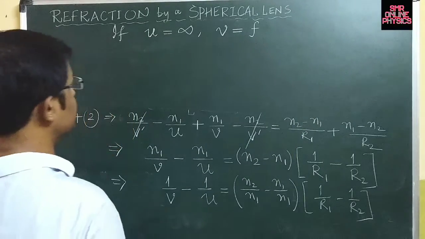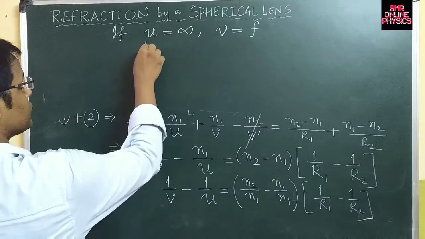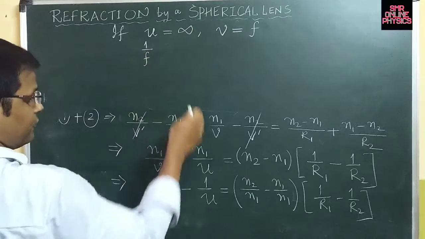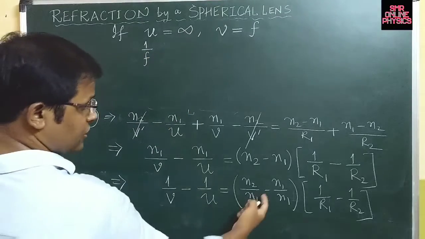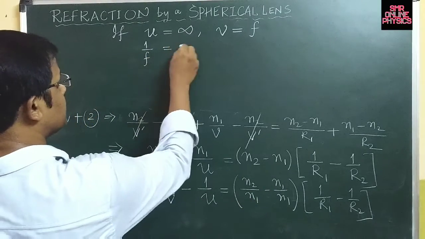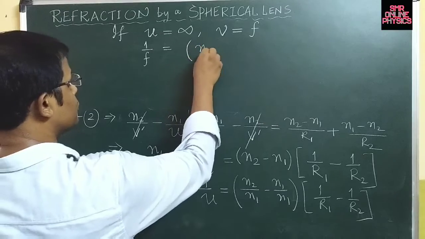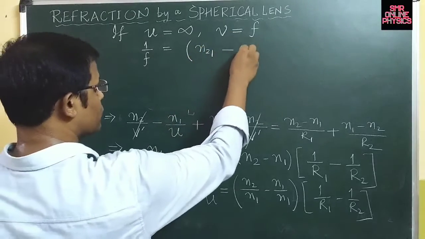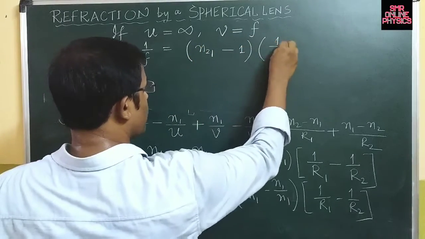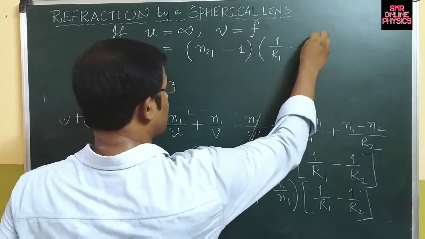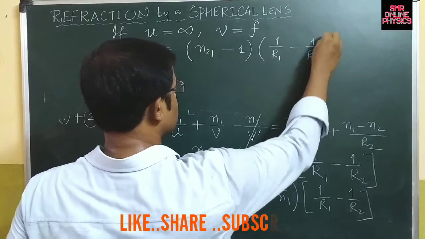So we should find in this equation coming up is 1 by f, and 1 by infinity taken as 0, and you can see over here we'll end up getting n2 by n1 minus 1 into 1 by r1 minus 1 by r2.